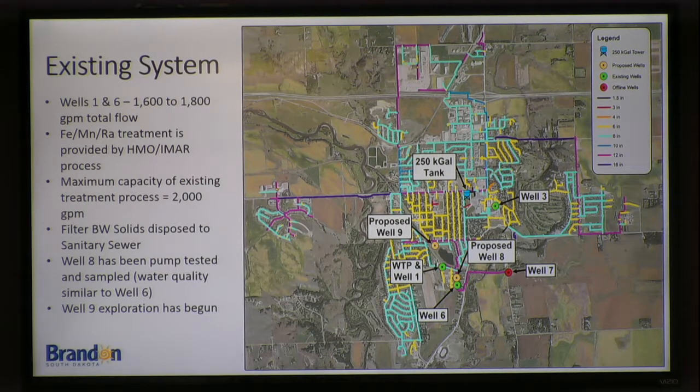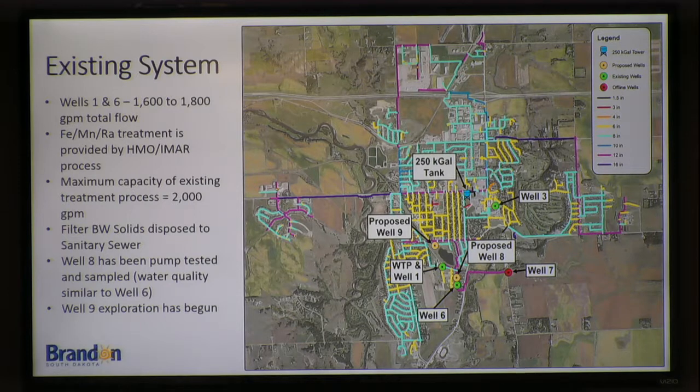It's already been drilled and tested. And that's just north of well number 6. Well number 7 is also an existing well that's been drilled. There's pump and piping to connect it to the plant. And it's waiting to be used. Well number 3 is also in town, but is not piped to the treatment plant.